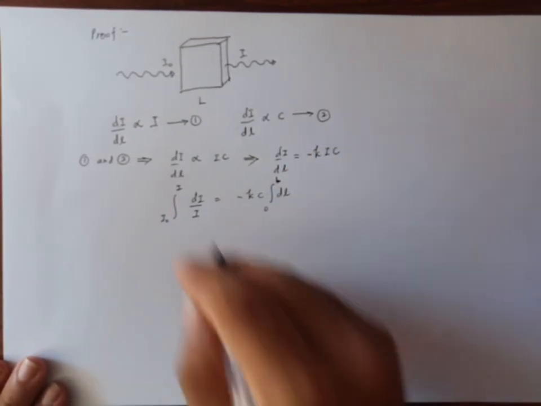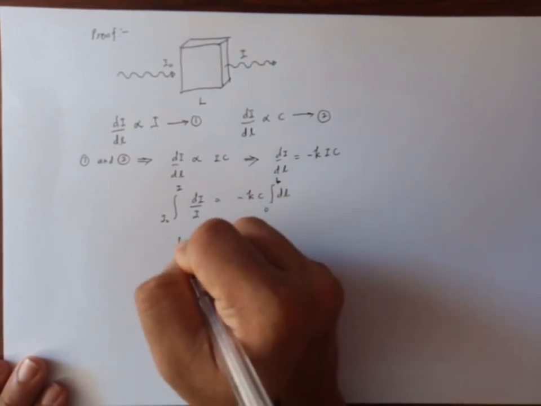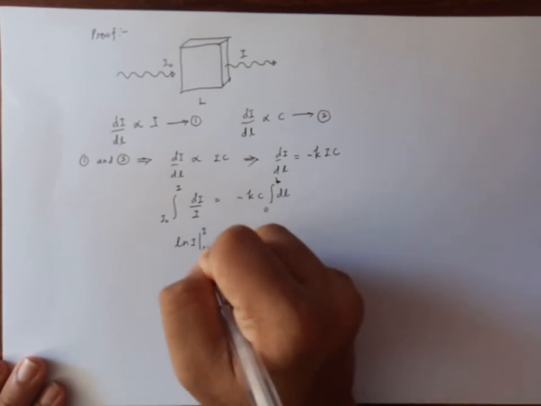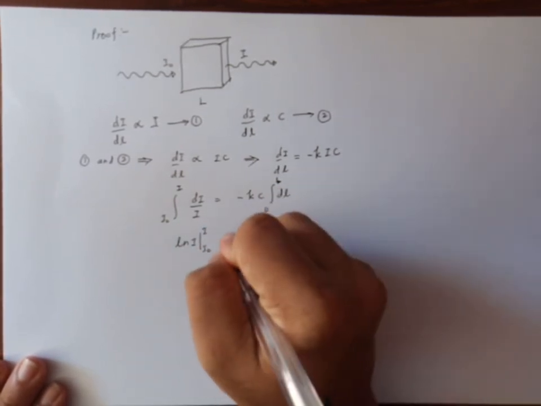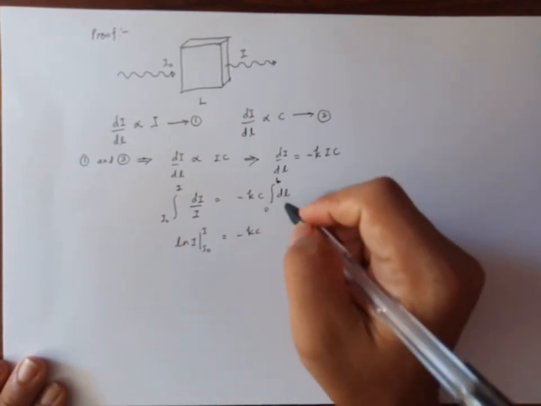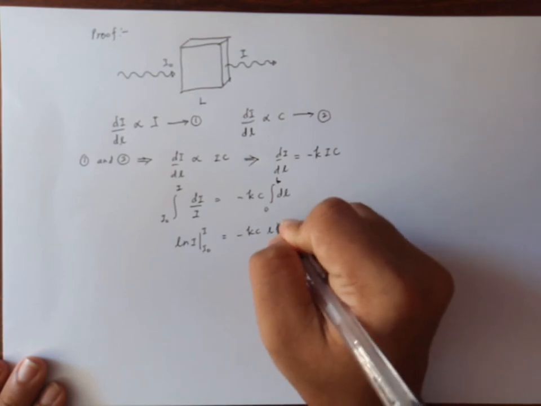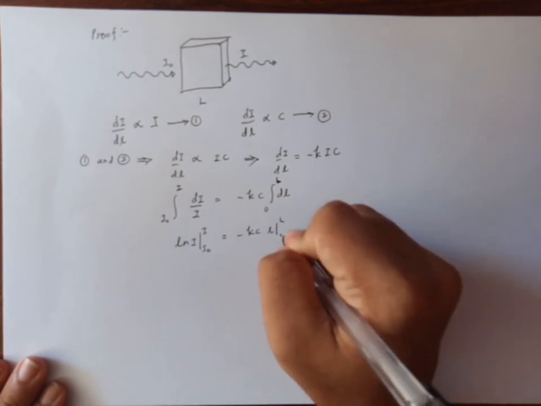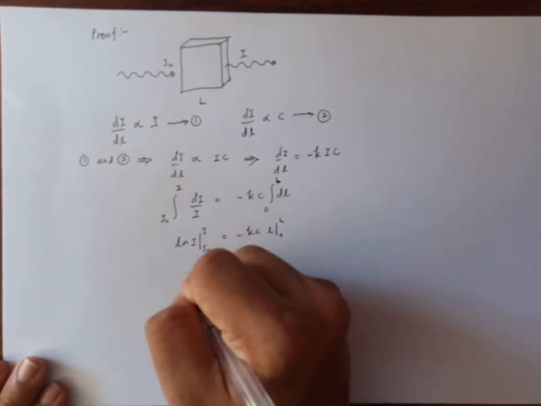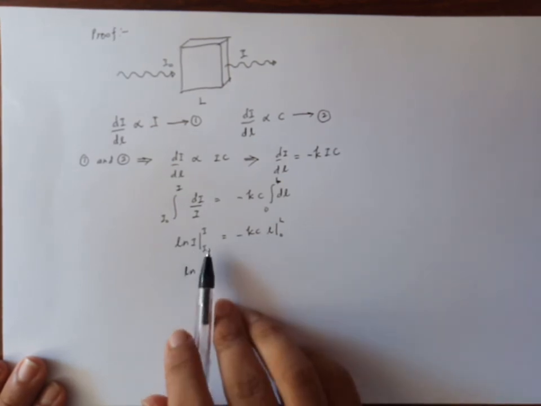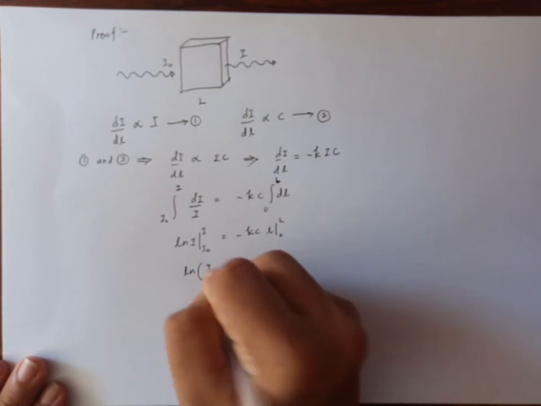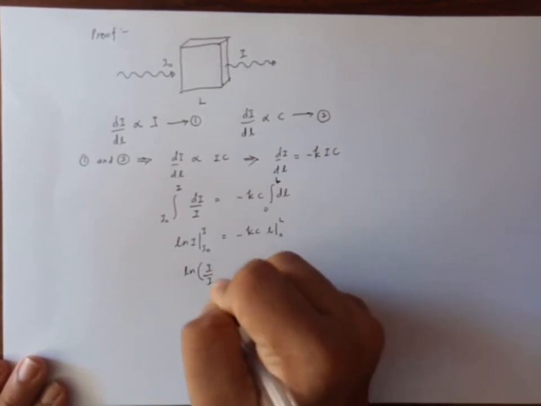So let's integrate this. If I integrate this, then I'll get ln I with boundary values I and I naught is equal to minus kc times, if we integrate this we get L from boundary values 0 to L. So we'll substitute then simplify, we will get here ln I minus ln I naught, which we can write as ln I over I naught.